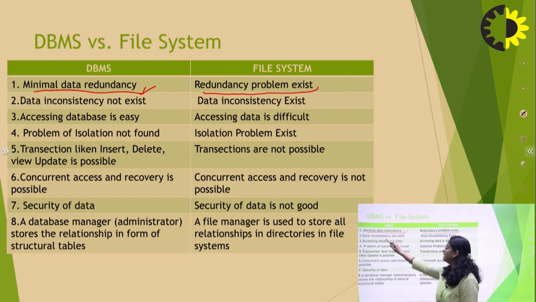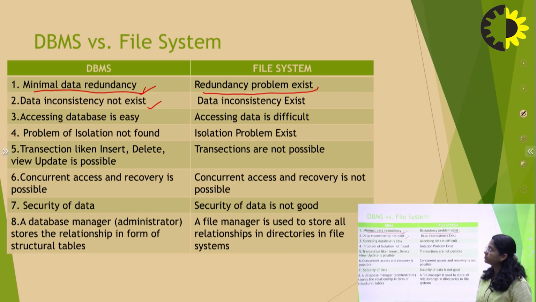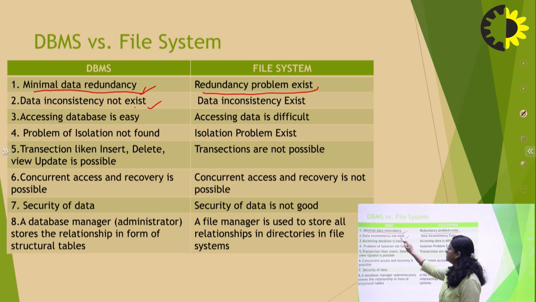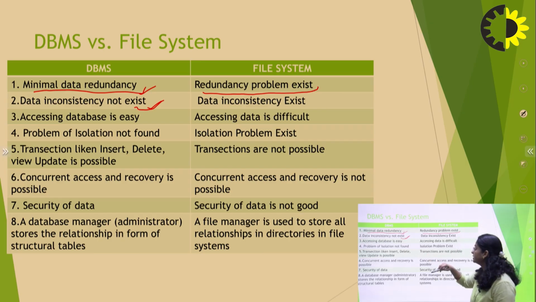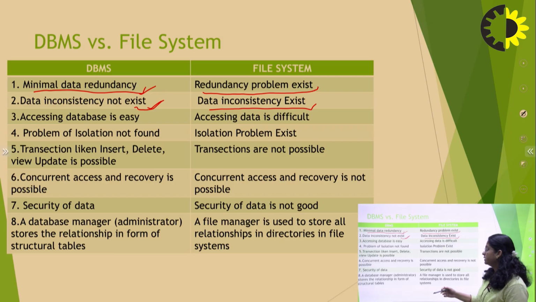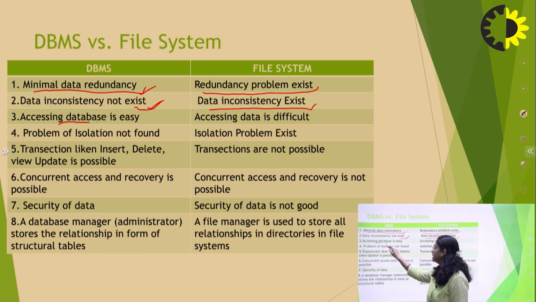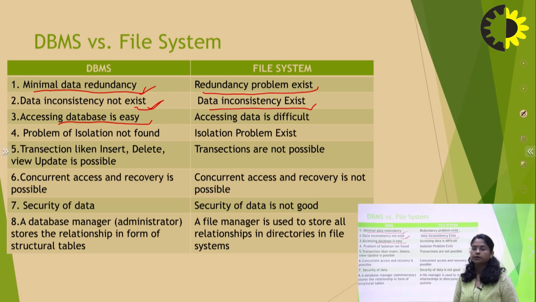Next is data inconsistency does not exist. We also use various methods for reducing the data inconsistency, and in file system data inconsistency also exists. Next, accessing database is easy. Accessing data in database is easy in comparison to file system.